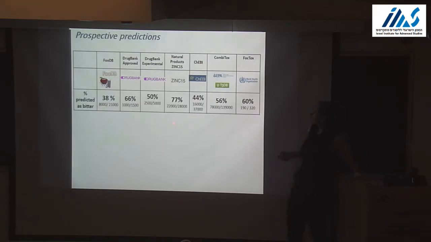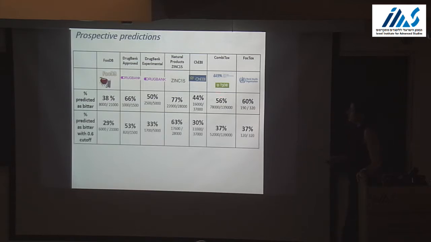So actually in the natural products, we had a very high percentage of bitter predicted compounds. In FooDB, we had quite a few. And here it was not huge. And if we do an even more stringent test, if you want to be even more sure in the prediction of toxicity, still, these are not the most bitter enriched libraries.